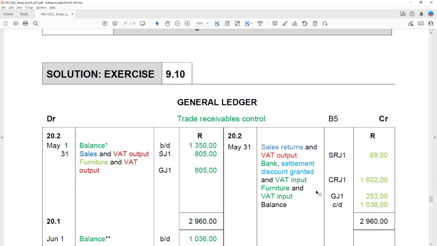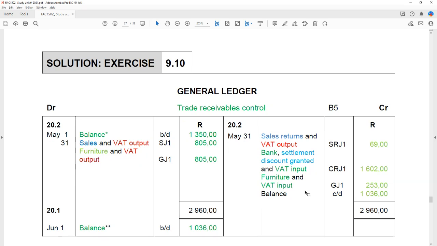So that then gives us all the entries: our opening balance, our entries from the sales journal, our entry from the general journal. Then we had our sales returns entry. Then we have our cash receipts journal entry, and then our general journal entry where furniture was returned.